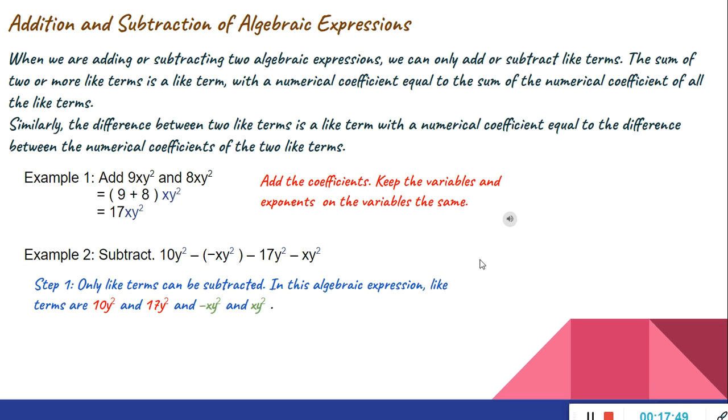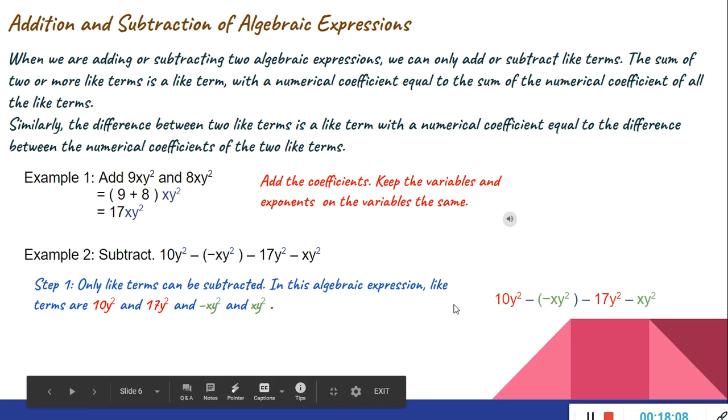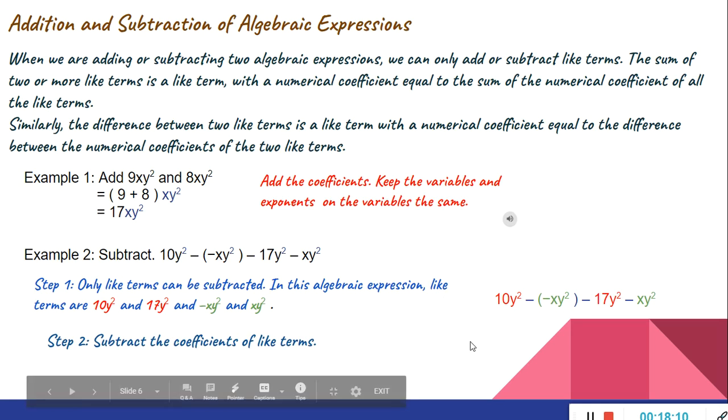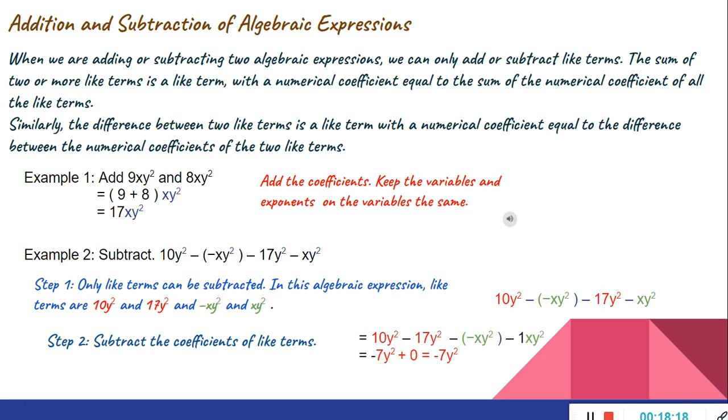So in this algebraic expression, like terms are 10y square and 17y square, like as minus xy square and minus xy square. Now second step, subtract the coefficients of like terms. That is 10y square minus 17y square, minus xy square; only one xy square is there, isn't it?